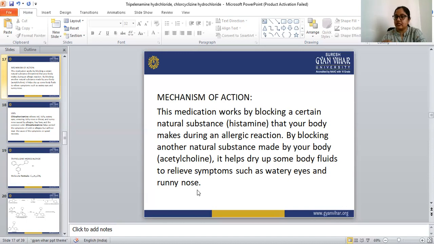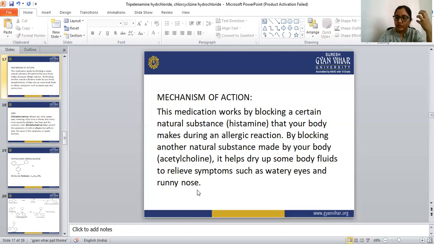All these things happen because of the histamine and the acetylcholine that are produced by our body when we have any allergic symptoms. So the chlorpheniramine blocks the naturally produced histamine and acetylcholine, and that blocking helps to dry up the body fluid to relieve symptoms such as watery eyes and the runny nose.